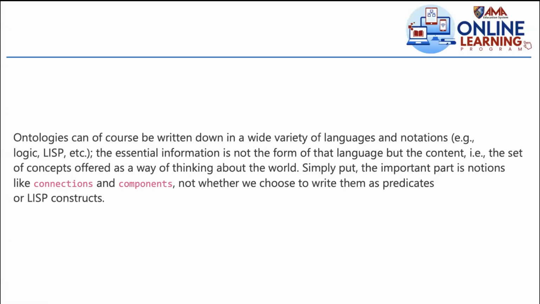But again, the more important is not that yet, though it's also important. First and foremost, the content, and the content has to do with the choice of knowledge representation technique. So simply put, the important part is notions like connections, components, the content, not whether we choose to write them as predicates or list constructs, meaning the programming language.